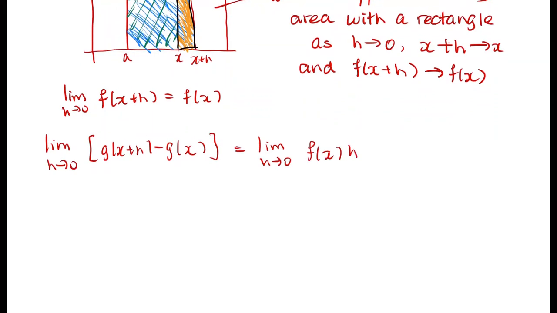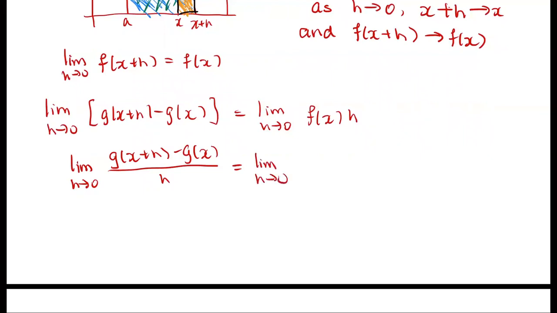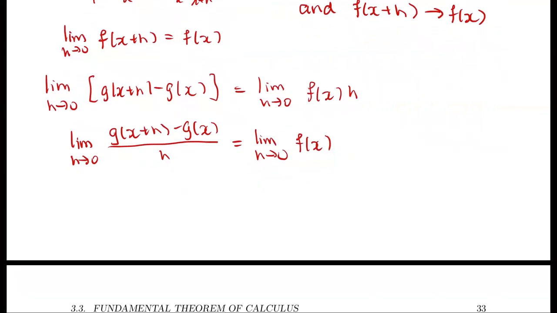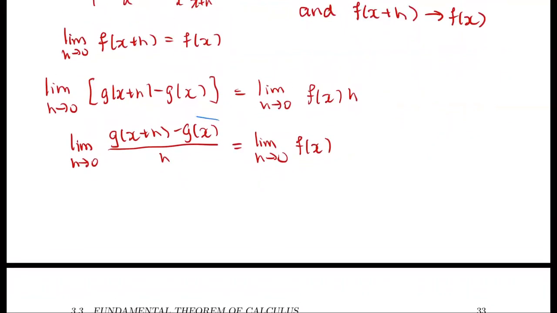Well, if we divide both sides by H now, we'll have the limit as H approaches 0 of G of X plus H minus G of X, divided by H, equal to the limit as H approaches 0 of f of X. Because this side is going to be a constant, that's going to be f of X. On the right-hand side, however, this is simply the definition of the derivative.